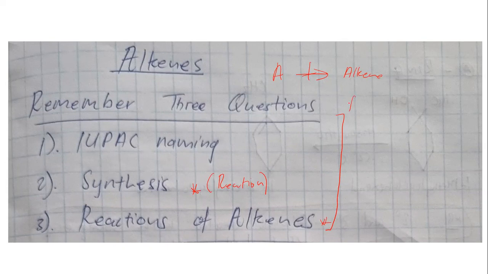For example, we can have reactant A reacting with whatever to form product B. Product B is a certain organic compound. Product B will undergo a certain reaction once more to form product C. Product C, meaning it is not an alkene. Maybe it's an alcohol, whatever.